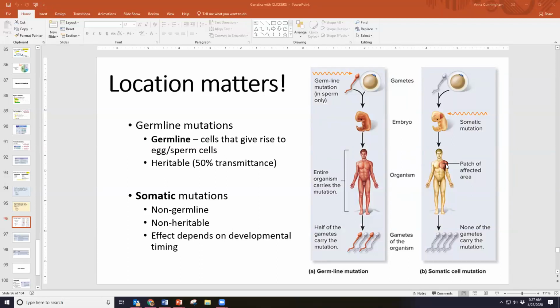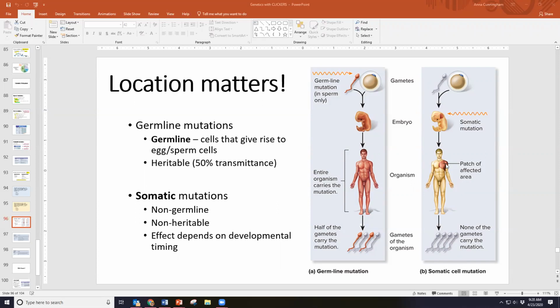So we can have a genetic mutation anytime, but its overall effect depends on what type of cell it occurs in. Is it a germline cell or a somatic cell? And also timing. For example, on the right, if we have a somatic cell mutation during the embryonic development stage, you can see that it affects those differentiated tissues.